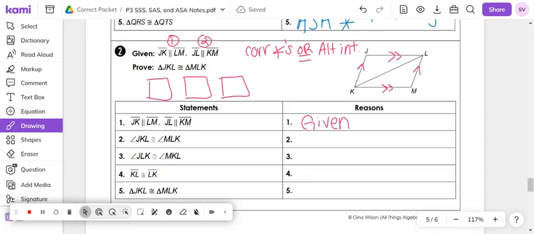So let's take a look and see what we have based off of what we're given as a statement. We have JKL and we also have MLK. That is alternate interior angles. So we're going to say alternate interior angles congruent. And then we also have JLK with MKL. And that's another pair of alternate interior angles.